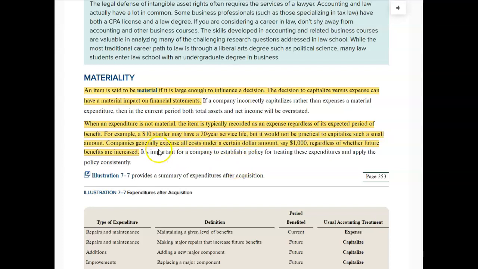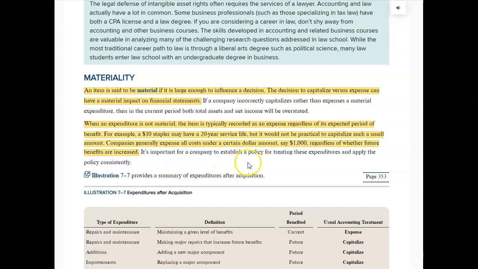That's not worth the trouble. That $10 cost at the beginning, you can just expense that off immediately. Yes, theoretically, it should be capitalized because it'll benefit future periods, but the cost is so small, it doesn't make a difference. So handle these things the easy way and just expense it off.